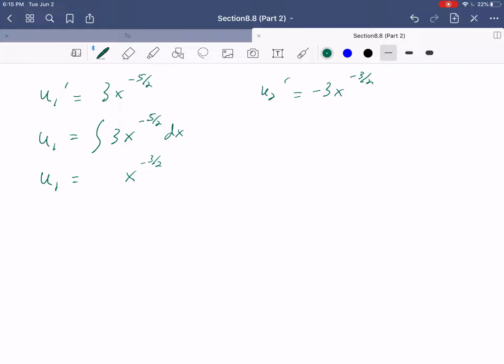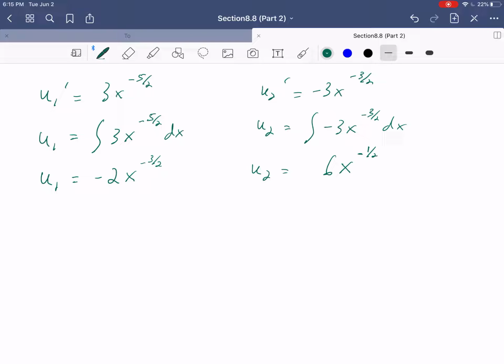Then we divide by that negative 3/2, which is the same as multiplying by that negative 2/3. So that sounds like negative 2x to the negative 3/2. Yep, that seems good. And then u2 is going to be the integral of negative 3x to the negative 3/2 dx. So u2 is going to be x to the negative 1/2. Looks like 6x to the negative 1/2.